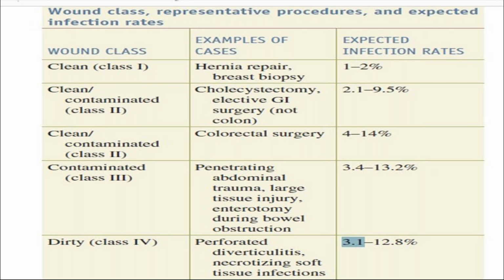So as the class grade increases, there is an increased expected infection rate. So for dirty, the best example is any perforated diverticulitis or necrotizing soft tissue infections, like that. So here it is 3.1 to 12.8%.